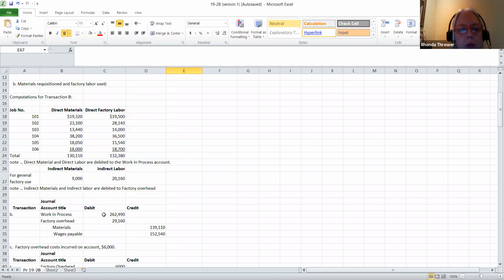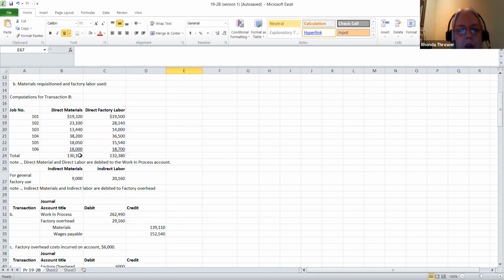Now, class, in the real world, you probably could have handled this journal entry and done the materials and the labor separately. But in Cengage, they don't give you enough room in the journal to handle these transactions separately. So you must put the transactions together.